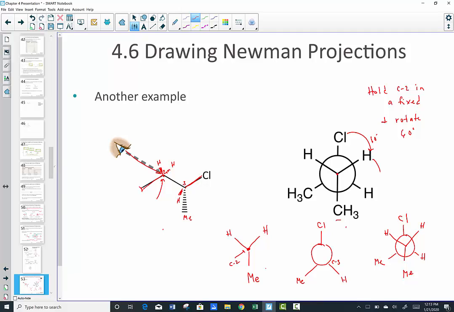When I rotate this again, the chlorine comes out, but now it's next to the methyl. Each time, in 60-degree turns, one gets hidden, then comes back out. Rotate that and examine all the different conformations of this particular compound.